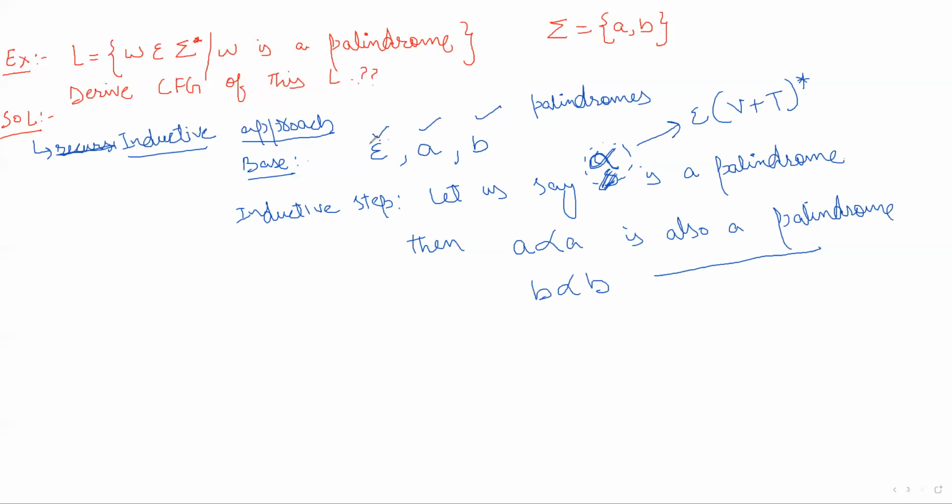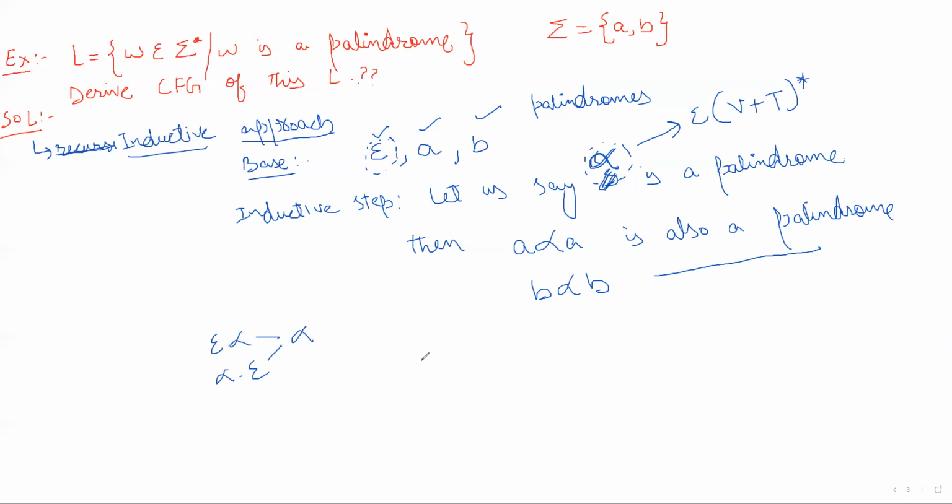For example, one base case was epsilon. So with epsilon, this alpha can be combined in these two manners. So these are the only two manners by which it will generate palindromes. So it is same as alpha. Okay. So let's not consider epsilon.